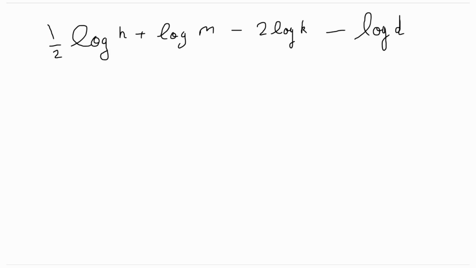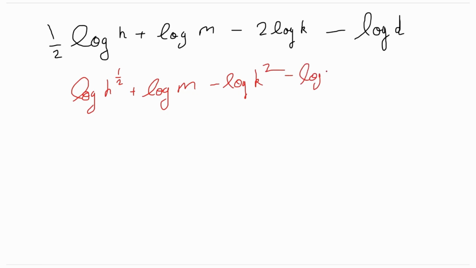So an example question would be like this using log laws. We're trying to combine this into one log. How would we do that? Well, first of all, we're gonna take these, turn them into powers. Okay. So it becomes log h to the power of a half plus log m minus log k squared minus log d.